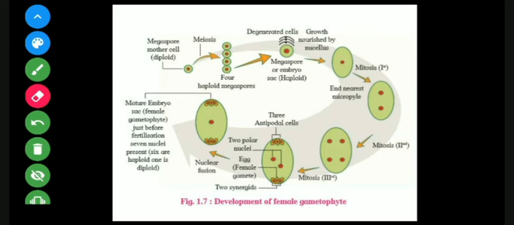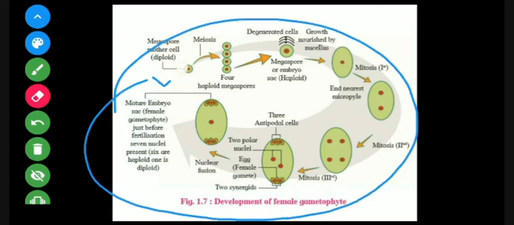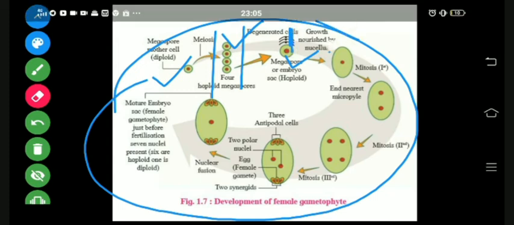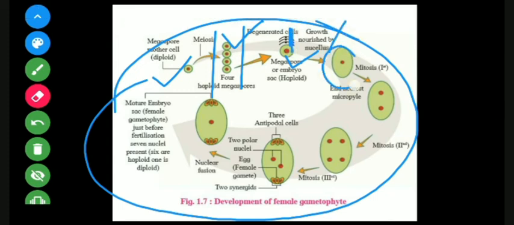Now, whatever I have explained to you in steps is all in one picture. You can see here the megaspore mother cell, being diploid, will give rise to 4 haploid megaspores in a linear tetrad form. You can see one will remain functional, which is towards the chalazal end, and all 3 will degenerate. This one functional megaspore is the precursor cell for further development of the female gametophyte.